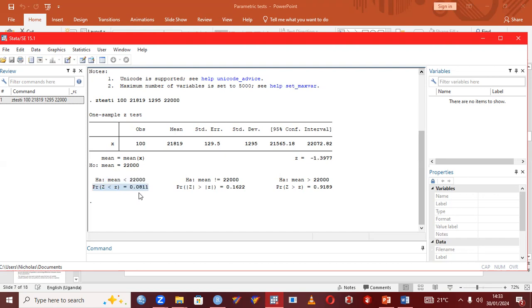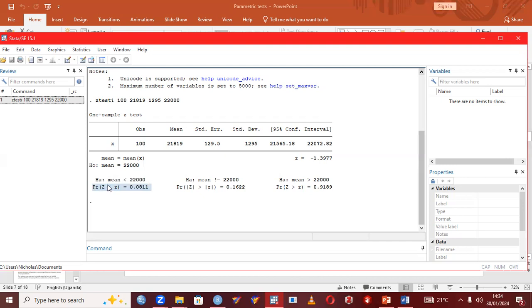When do we reject the null hypothesis? If it is less than this. So this guy is greater than 0.05.